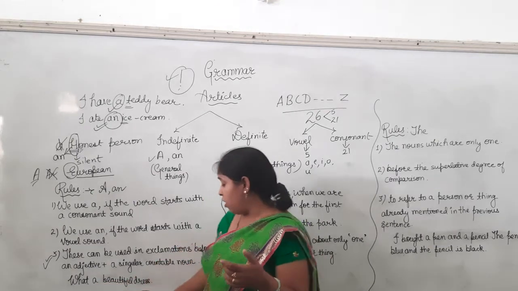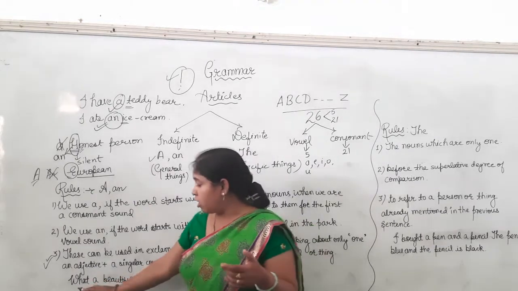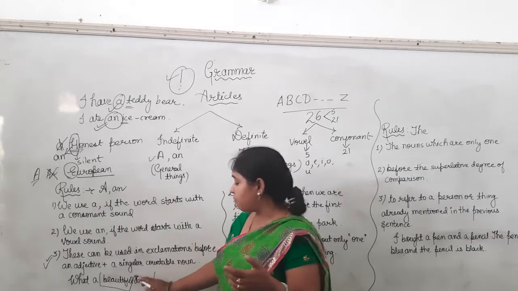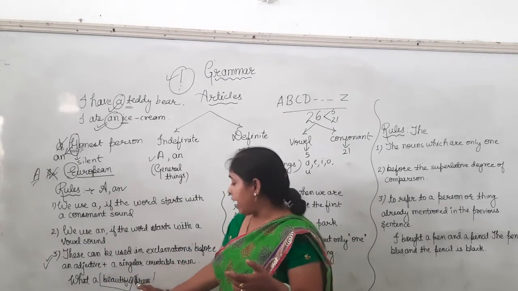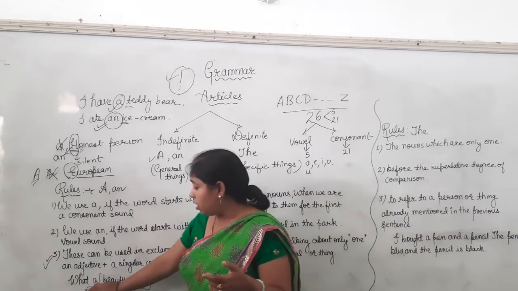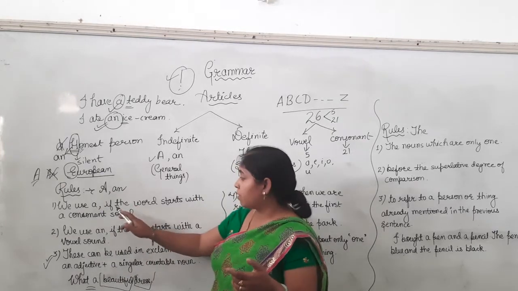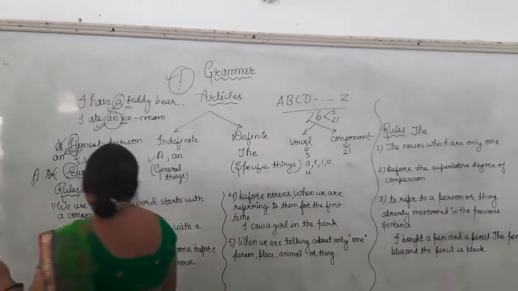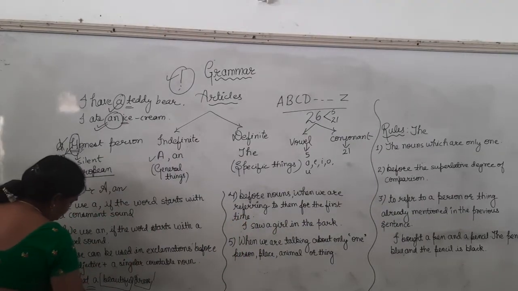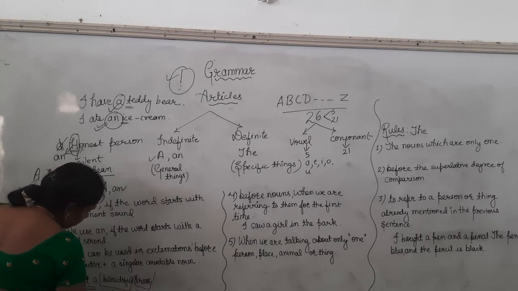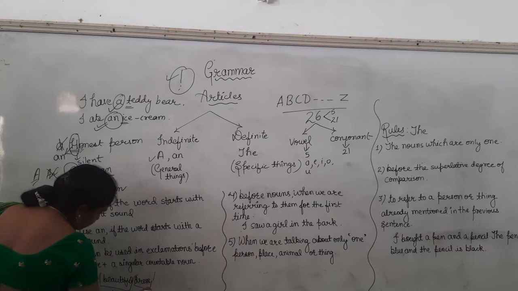Now we will look at the sentence. What a beautiful dress! Here beautiful is my adjective, dress is a noun, and a is the article. We can also make one more sentence. What an interesting story!